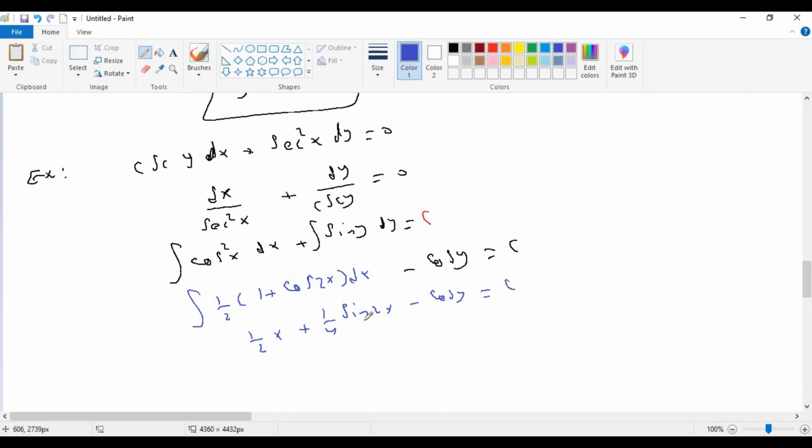Then you can multiply by 4 and take c to this side. Multiplied by 4 it will be 2x plus sine 2x minus 4 cosine y equal to 4c, which you can write as the constant k. Also, you can move x to the right side and keep y on the left side.